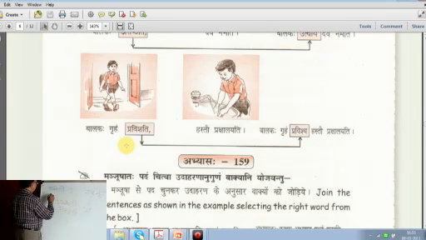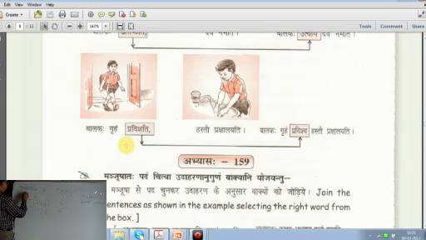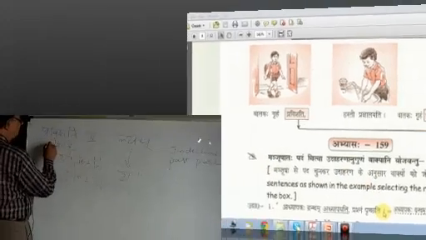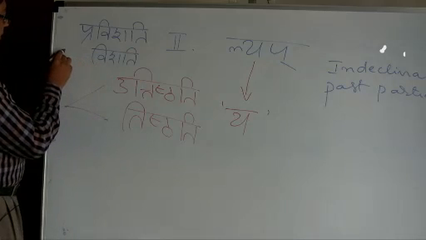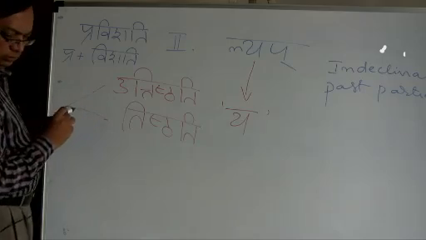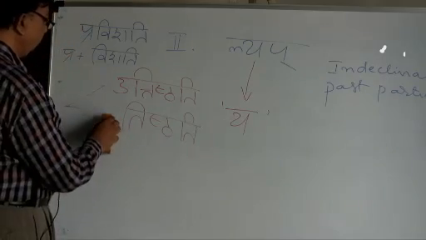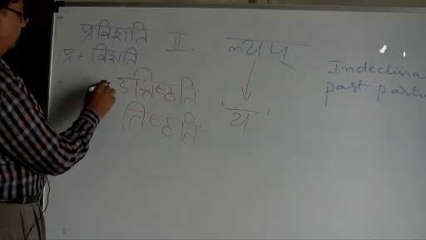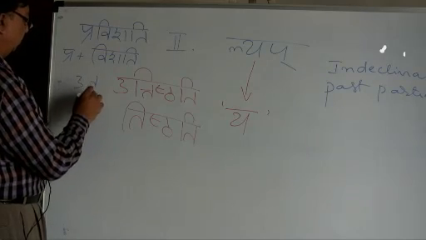Pravishati, and otherwise it is a verb also with vishati. Enters. Now here is a prefix, pra. Here is ut. Here is a prefix called ut.